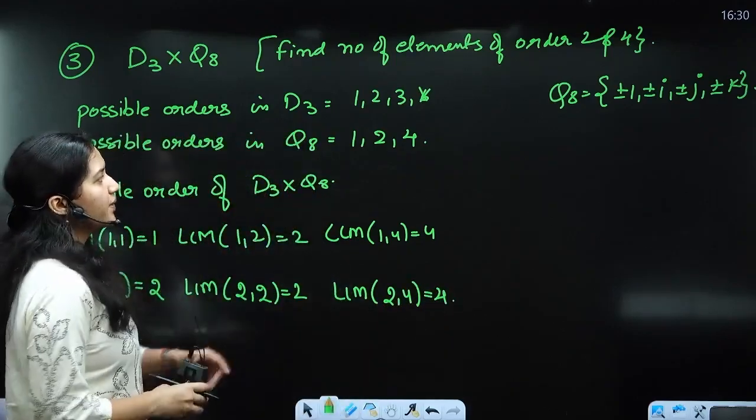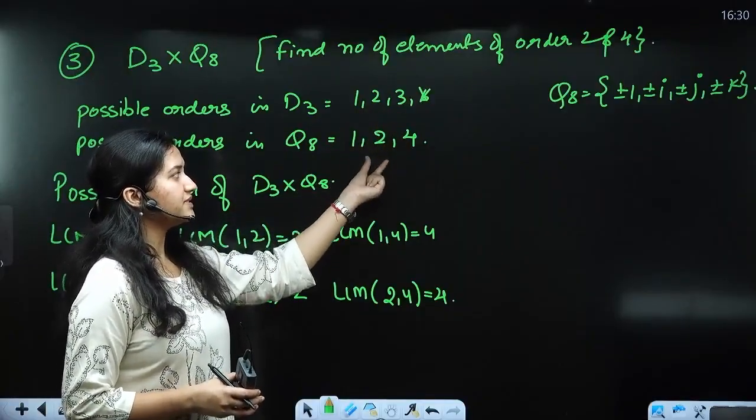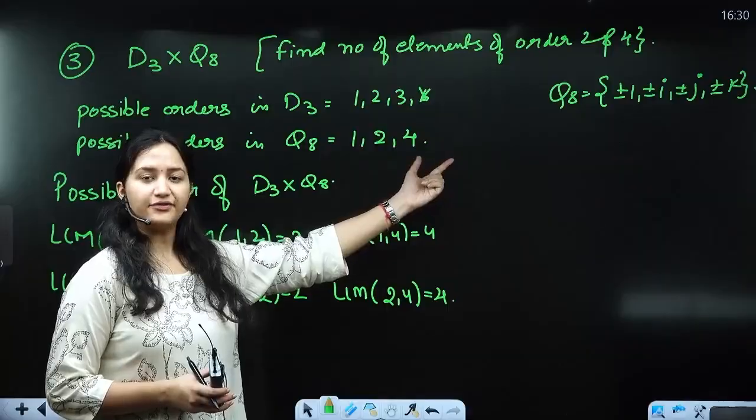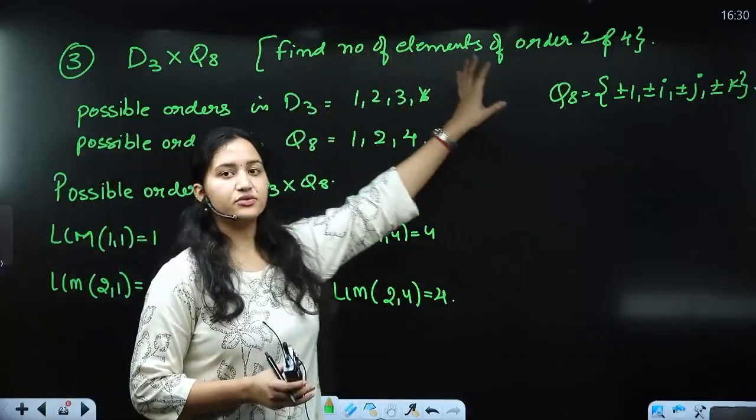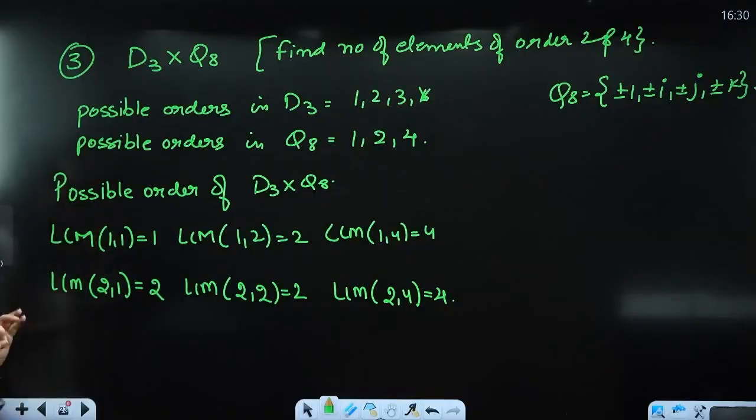Now we are not going to take 3, 1, 3, 2, 3, 3. Why? Because LCM is going to be 6 here and LCM is going to be 12 here. We are only concerned with the elements of order 2 and 4 in D3 cross Q8, right? Okay.